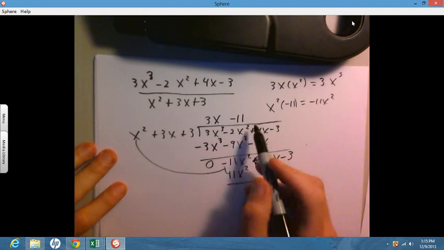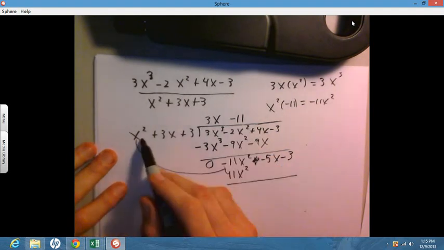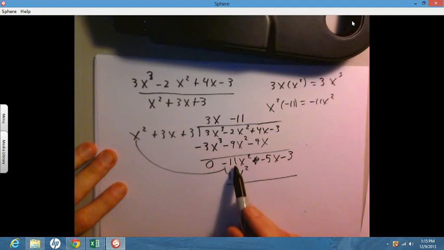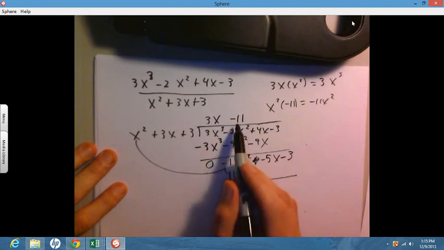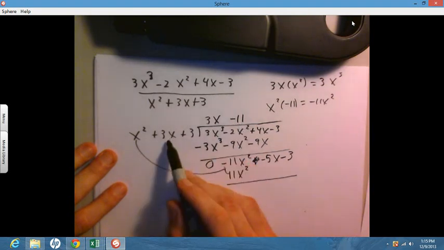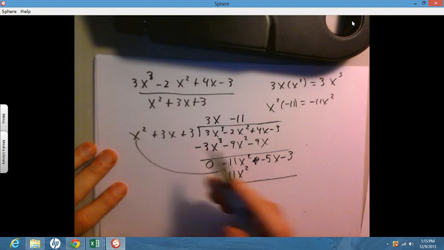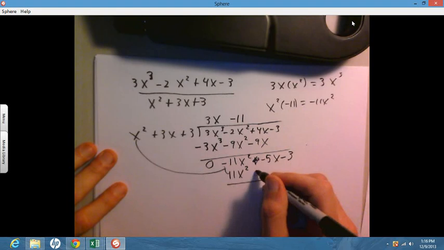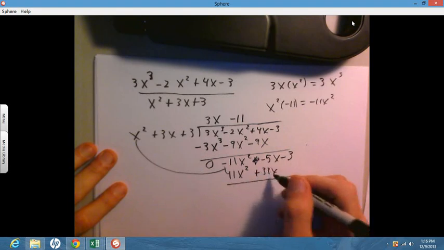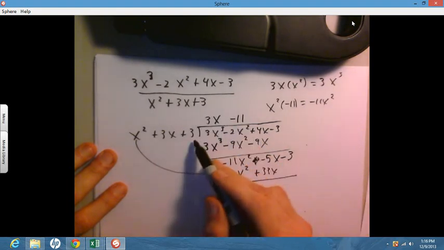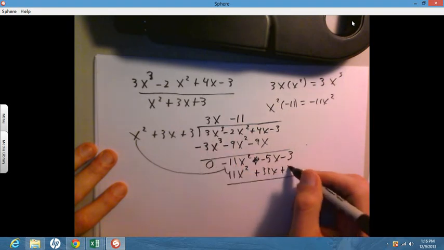Negative 11 times x squared is negative 11x squared, but I flip the sign to make it positive. Negative 11 times 3x is negative 33x, but I flip the sign, so it becomes a positive 33x. And negative 11 times 3 is negative 33, so it's going to be positive 33.